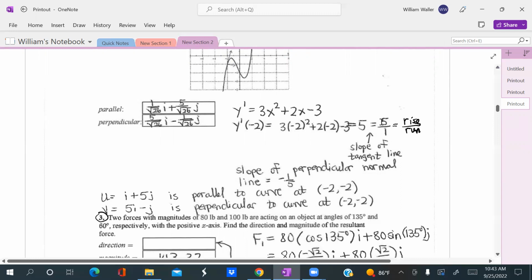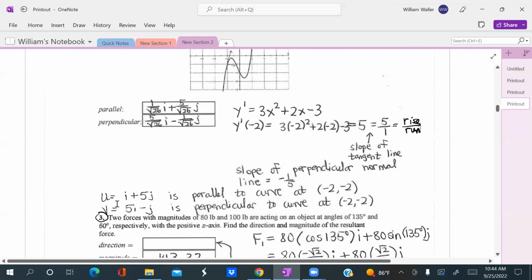That tells us that we can create a vector that is parallel to the tangent line by giving that vector a horizontal component of 1 and a vertical component of 5.